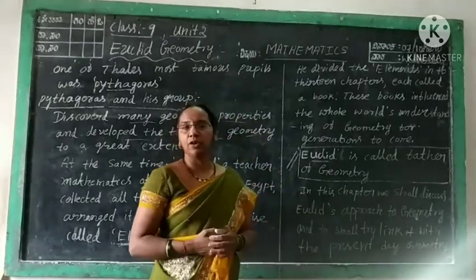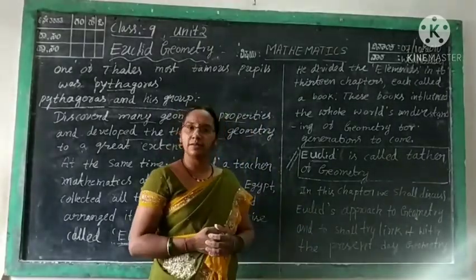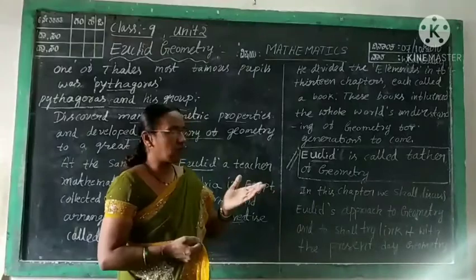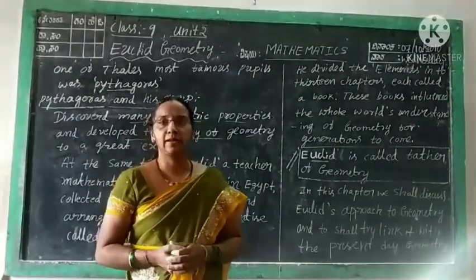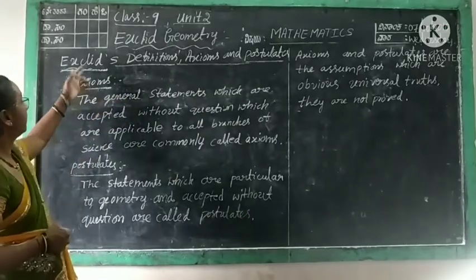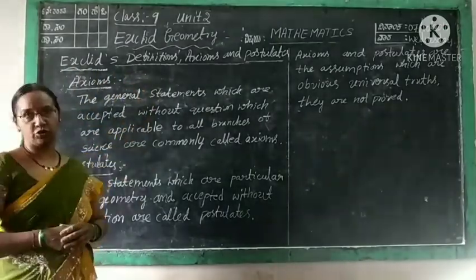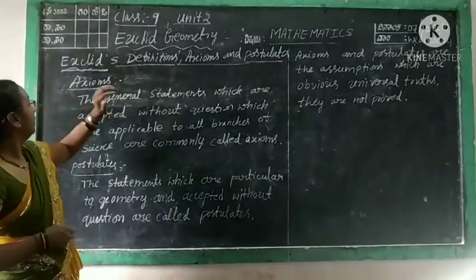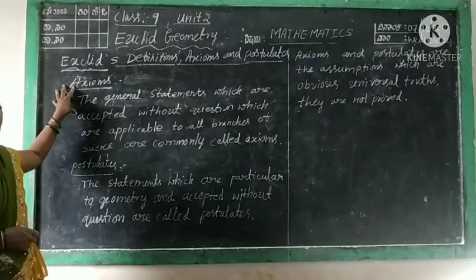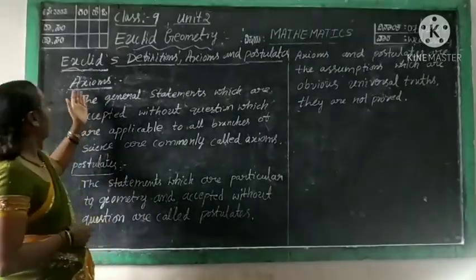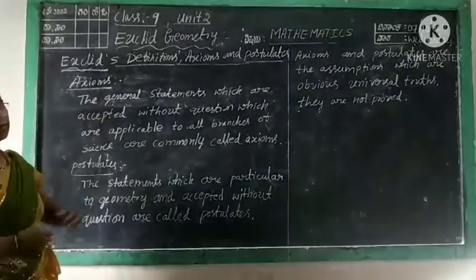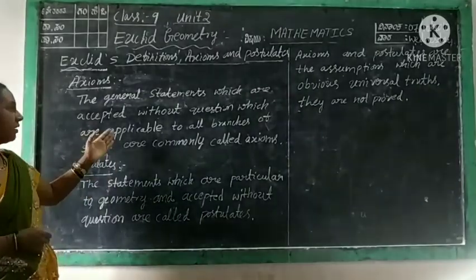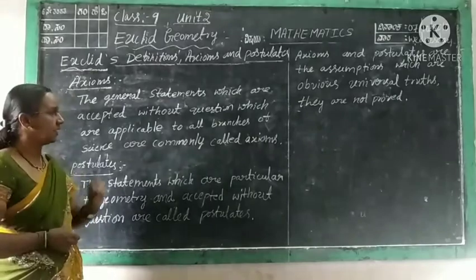Then in this chapter we shall discuss Euclid's approach to geometry and try to link it with present day geometry. Then we shall study Euclid's definitions, axioms and postulates. First, axioms are the general statements which are accepted without question and are applicable to all branches of science.